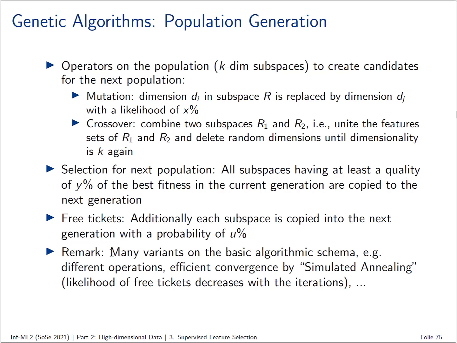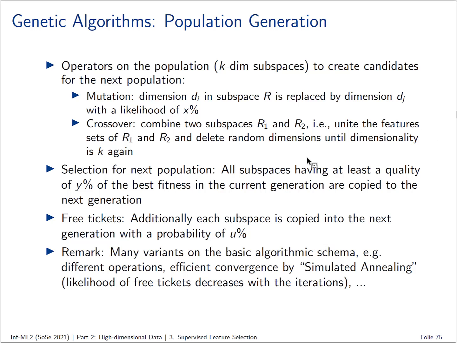And as I said before, there are many other variants on this basic algorithmic schema. So different operations, or more efficient convergence by so-called simulated annealing, in which the likelihood of free tickets decreases with the iterations. That is called simulated annealing, and so on. So there are different variations of these genetic algorithms.